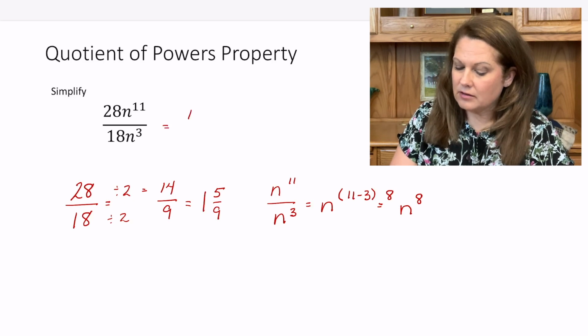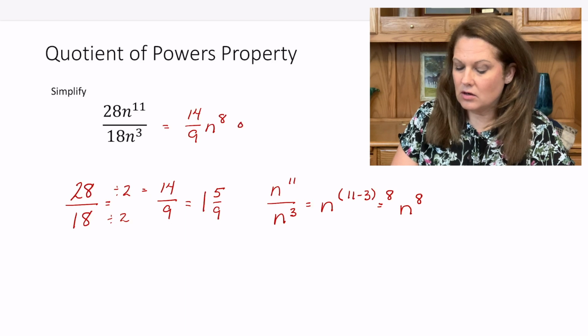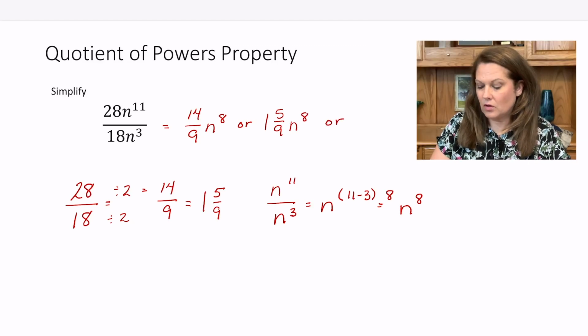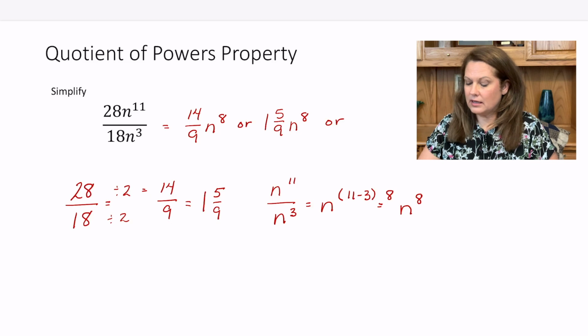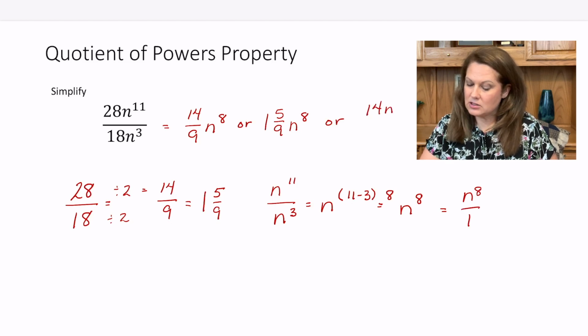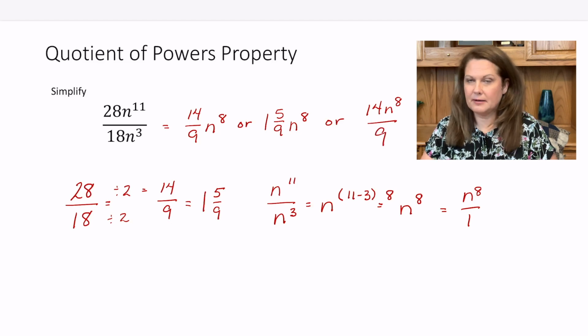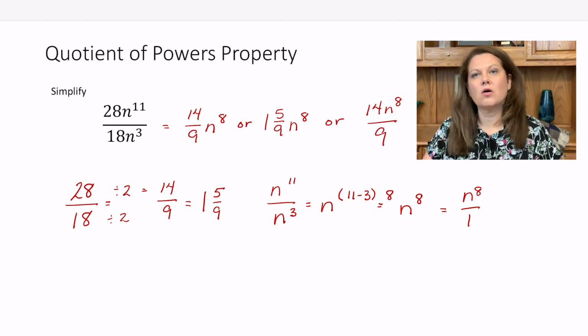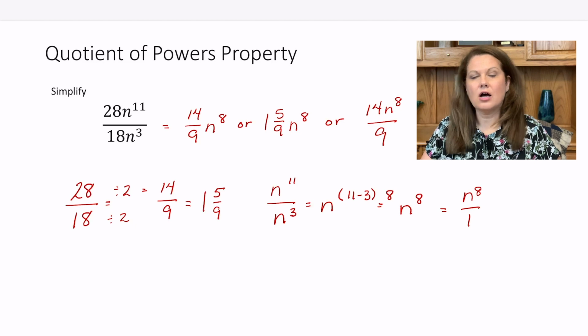You can say 14/9 n to the 8th, or you can say 1 5/9 n to the 8th, or remember n to the 8th is really a whole number, and I can write that as n to the 8th over 1. I can actually say 14n to the 8th divided by 9. It all depends on what you're going to do with this, on how you're going to write this.